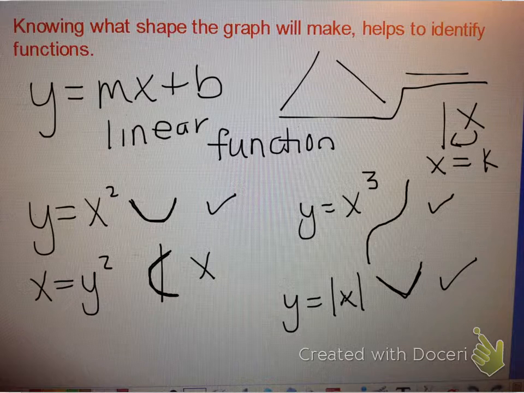For instance, here, if I substitute a 1 for x, then what number squared would be a 1, that's going to get me 1 or negative 1. So 1, 1, and 1, negative 1, and that would not work because 1 would go with a 1 and a negative 1. So this one, the x equals y squared, would not be a function.